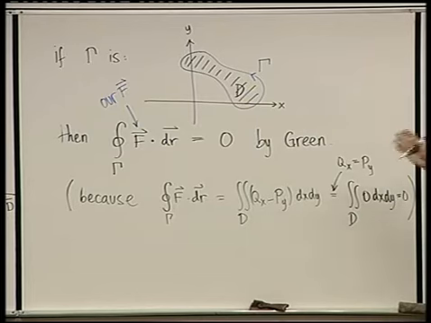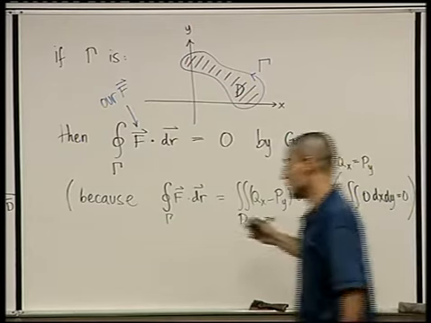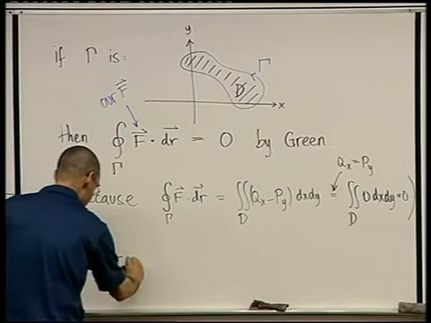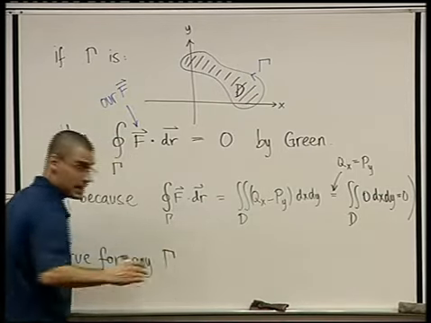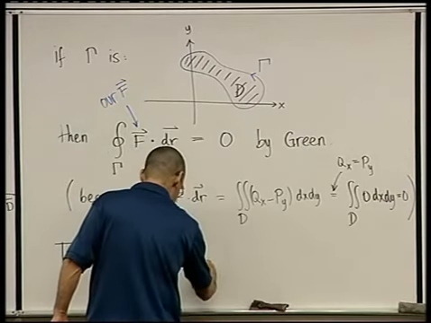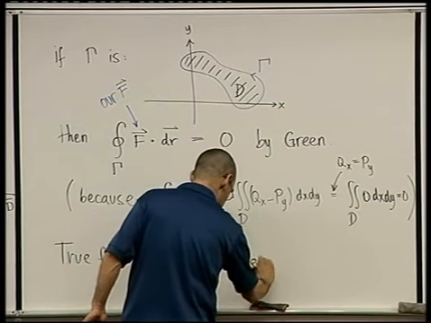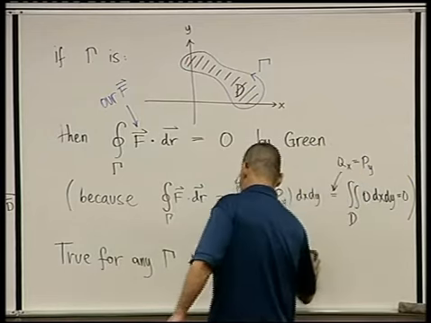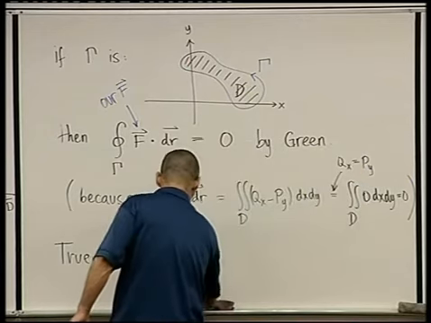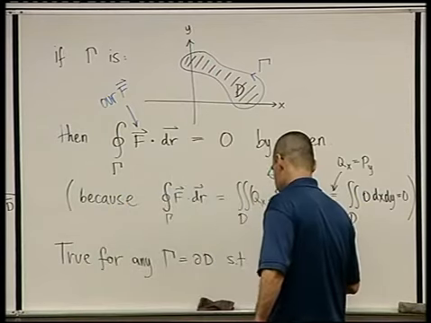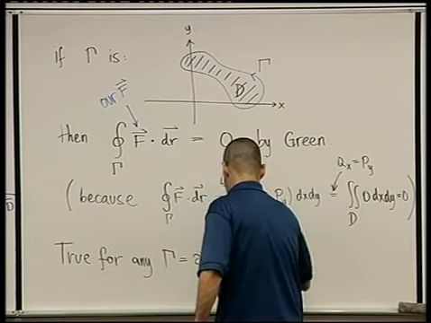And this is going to be true for any gamma as long as the origin is out of it. Okay? So, true for any gamma, piecewise smooth, closed, simple, and so on, which is the boundary of D such that D is away from the origin.